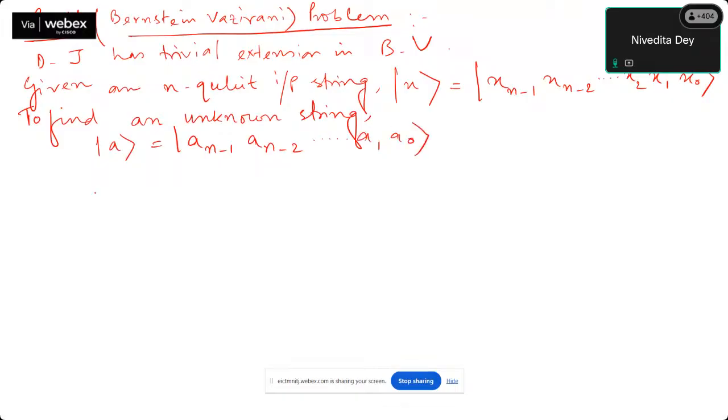Just notice, because we have talked about this: solution encoding in a quantum algorithm is the most challenging task. That means a and the input register x have to look similar, rather exactly similar, in terms of bits and all.